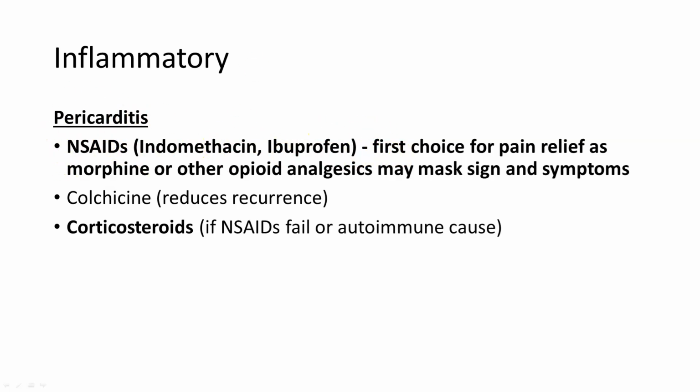So for pericarditis, again, we're talking about NSAIDs, indomethacin, ibuprofen, things that are going to help that client become more comfortable. You can do colchicine, and we've talked about corticosteroids.